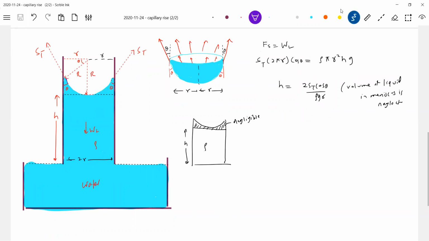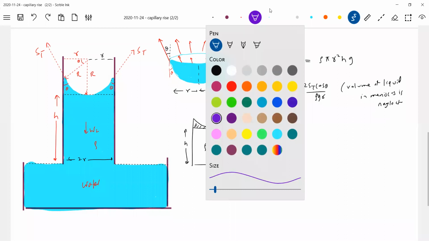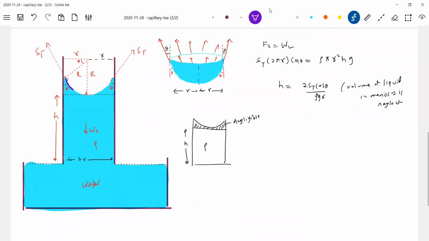I think I should show some thick line. This concept is very important. Okay, this is the free surface. So what is the basic overall theme of this?